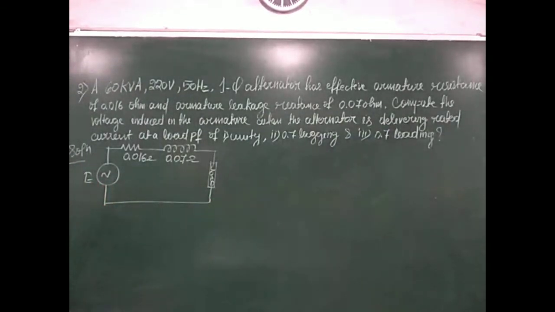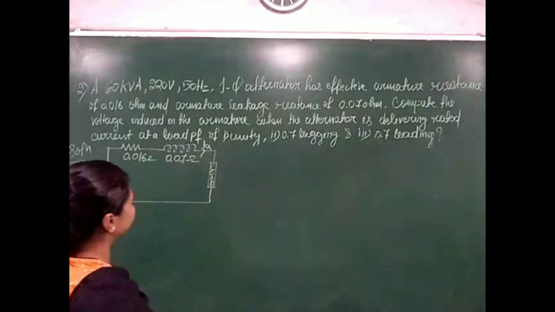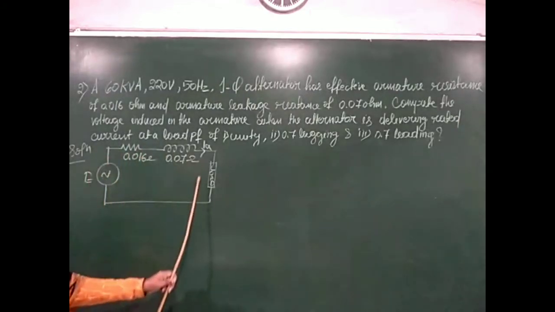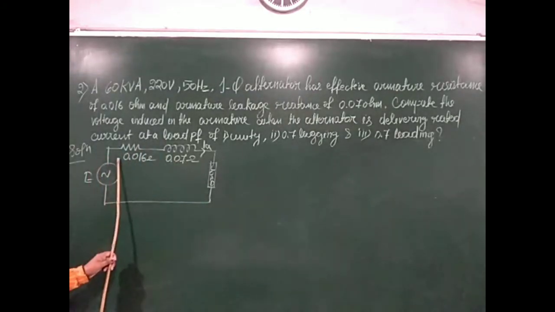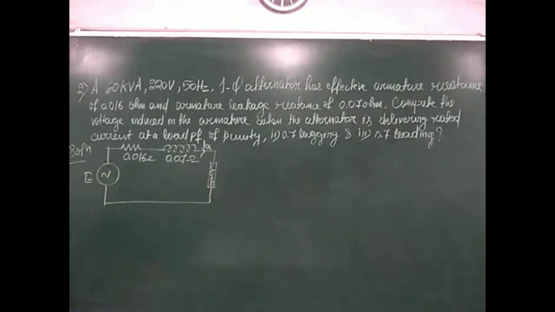Now you draw the phasor diagram for three types of load: unity, lagging and leading. For unity power factor, here IA is the armature current, or you may say it is the load current. As my circuit is a series circuit, the armature current is the same as the load current.